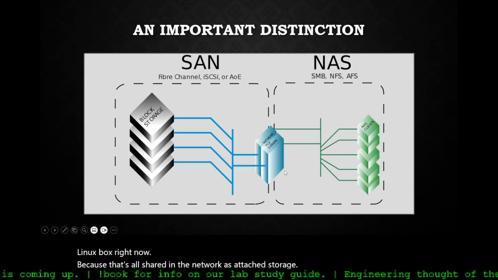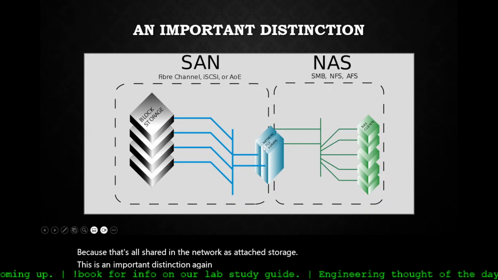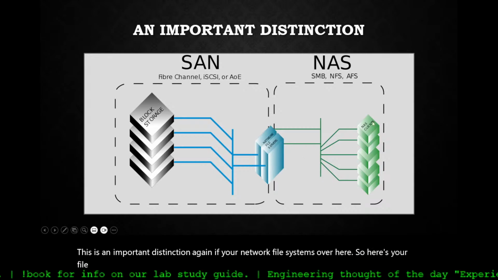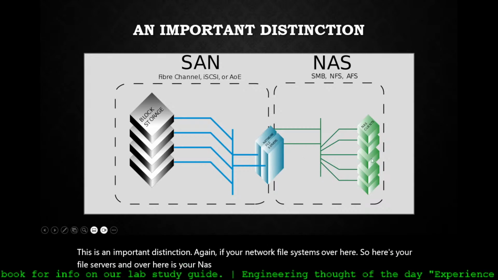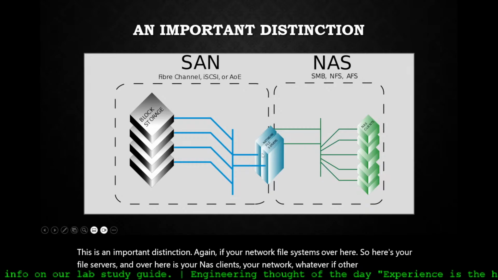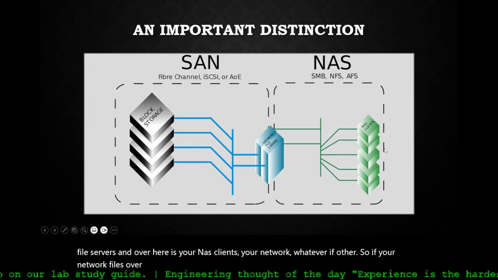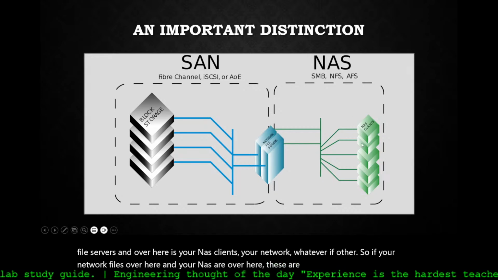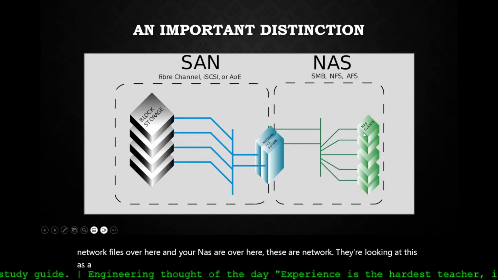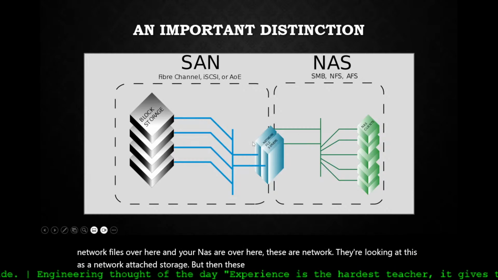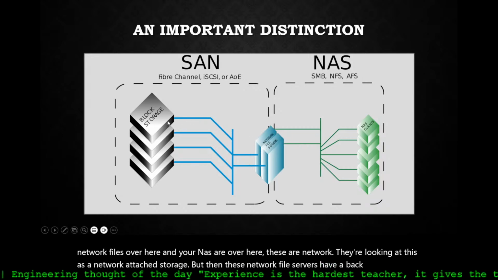This is an important distinction. Again, if your network file system's over here, so here's your file servers, and over here is your NAS clients, your network, whatever. These are looking at this as network attached storage. But then these network file servers have a back-end storage themselves.